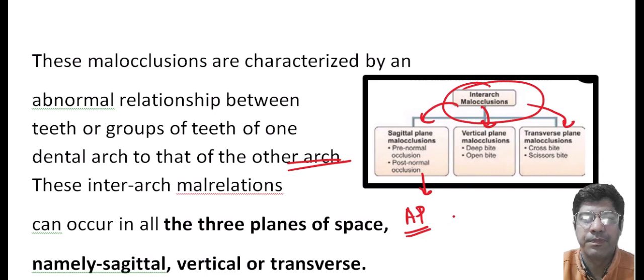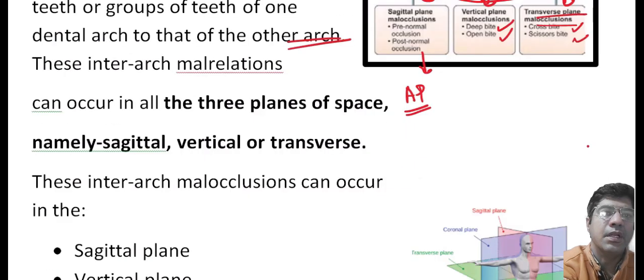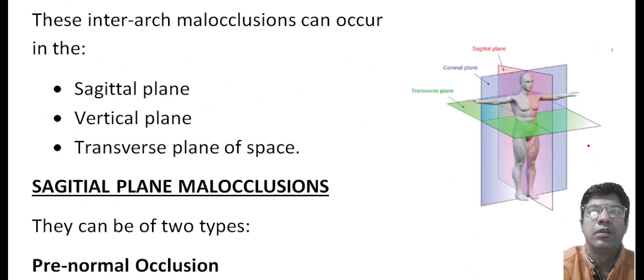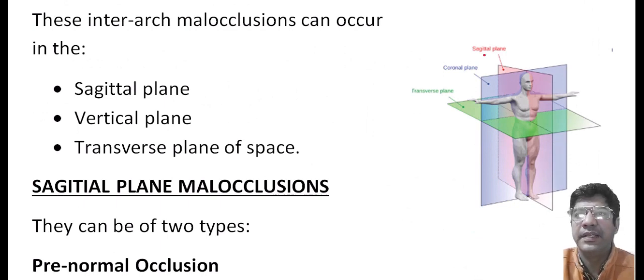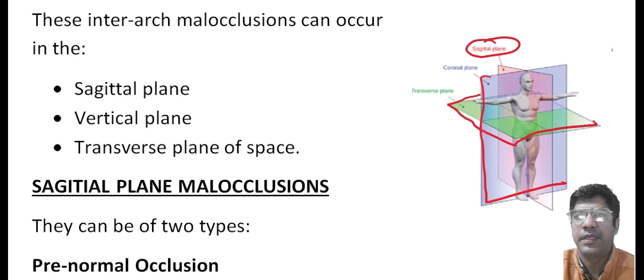The vertical plane malocclusion can lead to deep bite and open bite, whereas the transverse plane malocclusion can lead to scissor bite or crossbite. So this plane is the sagittal plane. This one is the coronal plane, and this plane is the transverse plane.